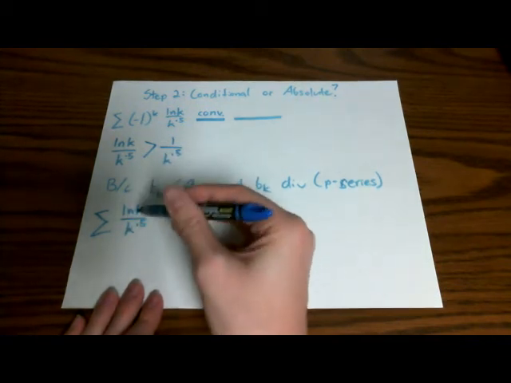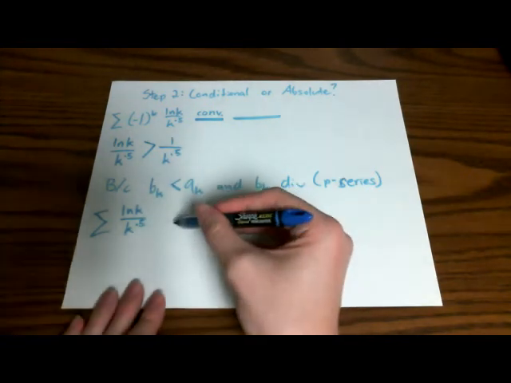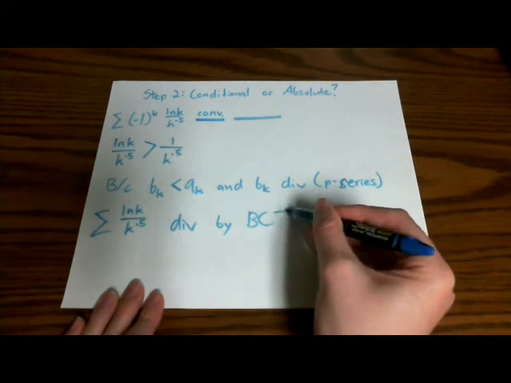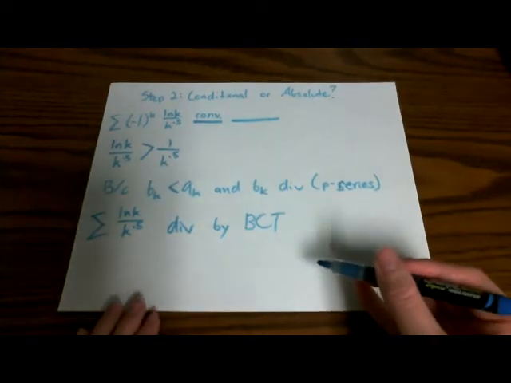This a sub k part is going to diverge by the basic comparison test.